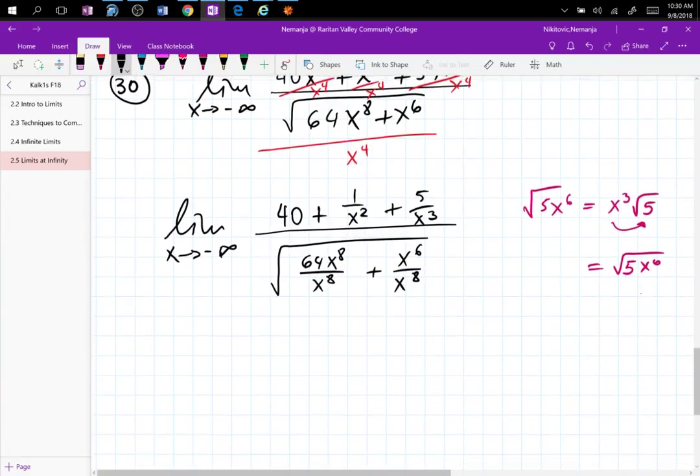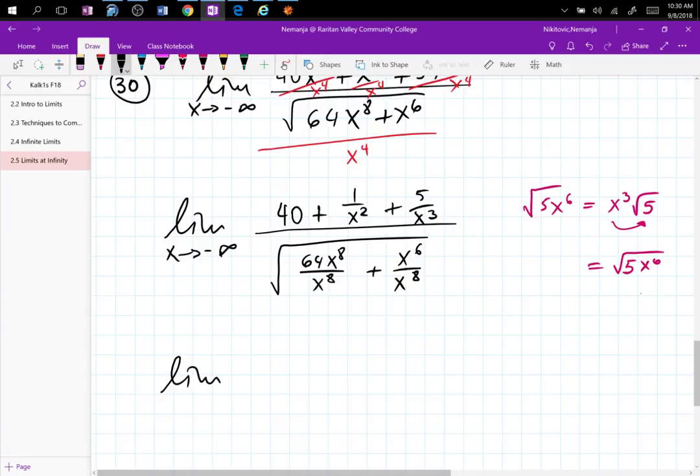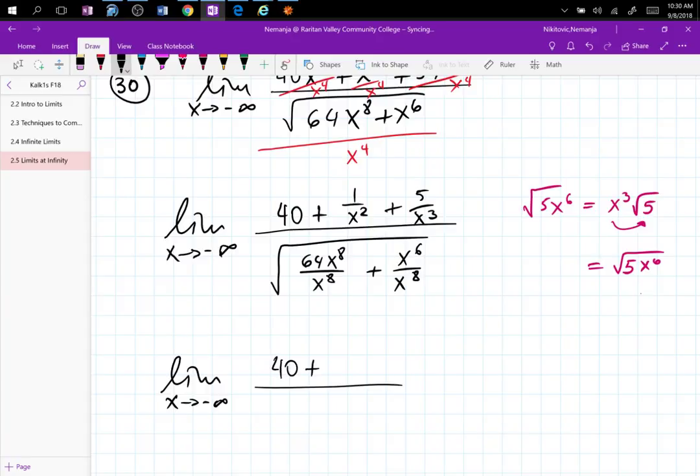So now I have the limit. X goes to negative infinity. The numerator stays 40 plus 1 over x squared plus 5 over x cubed. And then in the denominator I have a square root of 64 plus 1 over x squared.